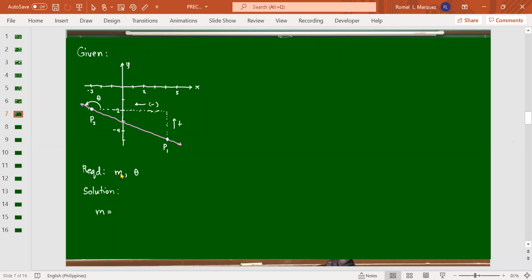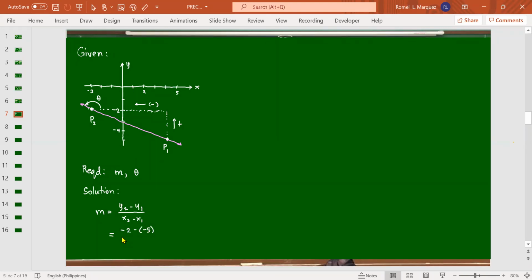To solve for the slope, using coordinates, we have y sub 2 minus y sub 1 all over x sub 2 minus x sub 1. What is y sub 2? Negative 2. Then y sub 1. Negative 5.